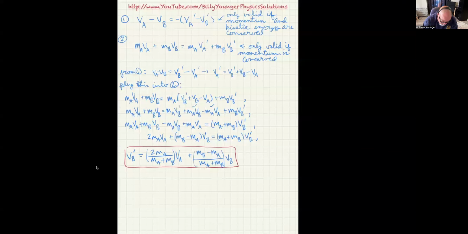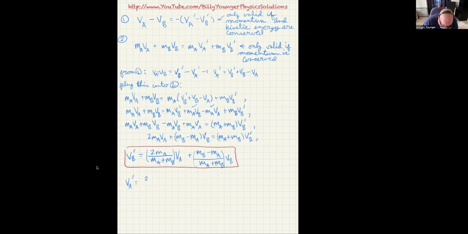Now we're going to do part VB. We're going to use VB prime to solve for VA prime. And we already had that equation 1 was equivalent to saying that VA prime is equal to VA or VB prime.